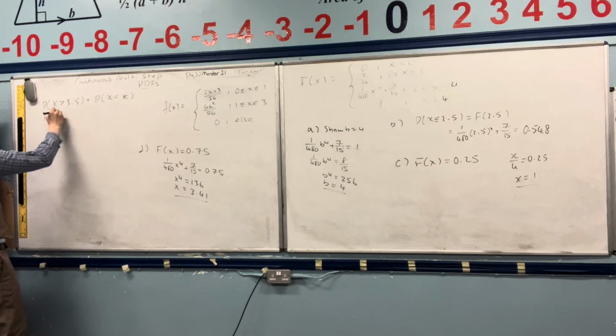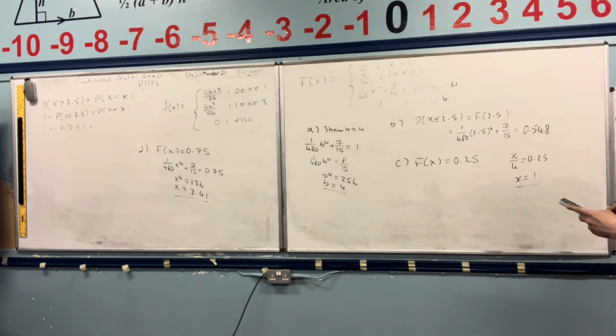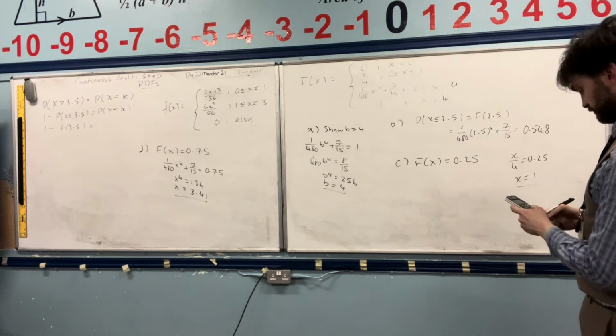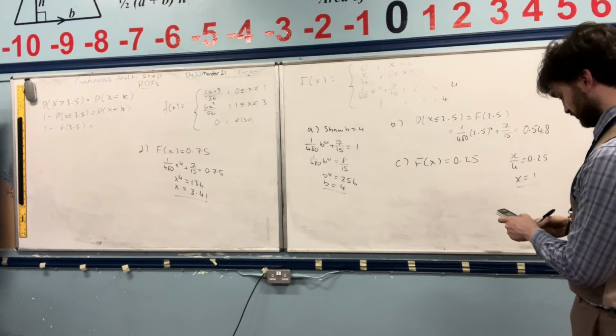So this would be 1 minus the probability of x being less than or equal to 3.5. So this is 1 minus f of 3.5. So let's find that. So 3.5 falls into this range, so we use this one. So it'd be 3.5 to the power of 4 divided by 480, and then plus 7 over 15.